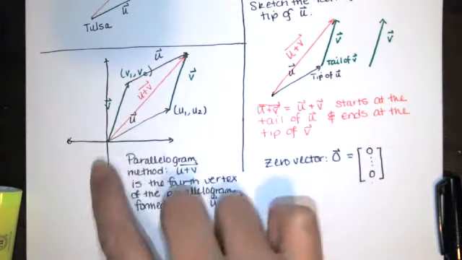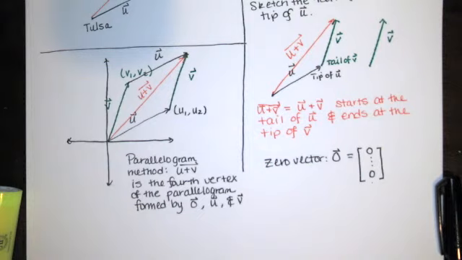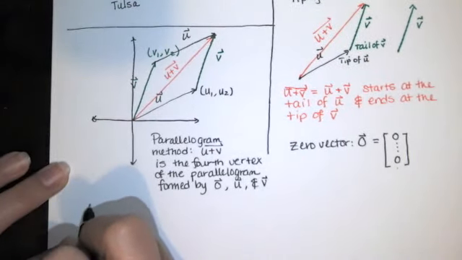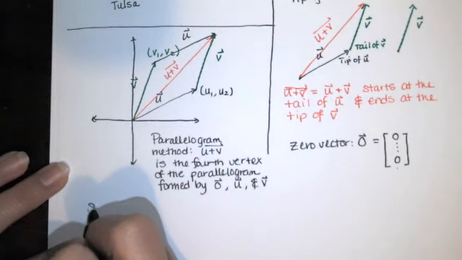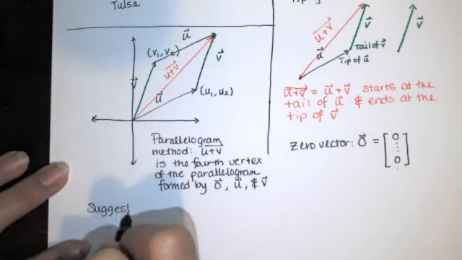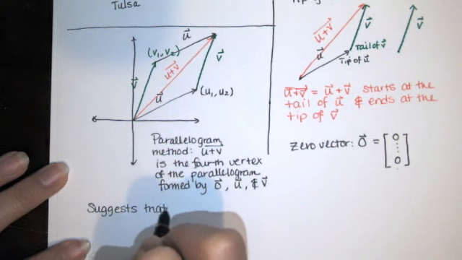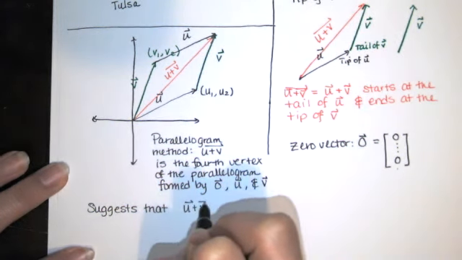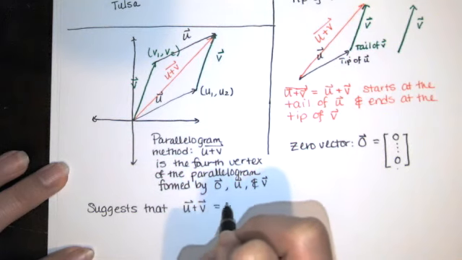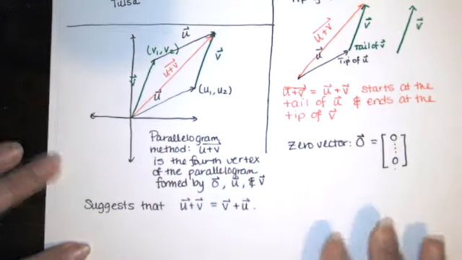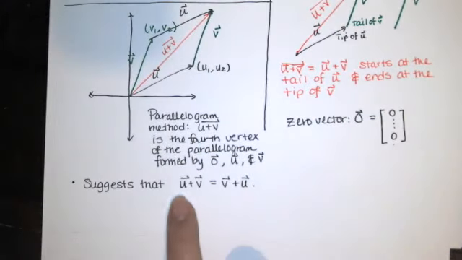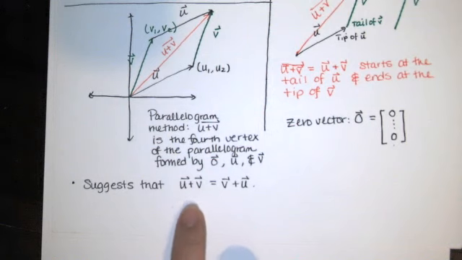So v plus u is equal to u plus v geometrically. And of course, that is always true. Now I'm thinking of this as a sum of 2 vectors, but this is the vector u plus the vector v.